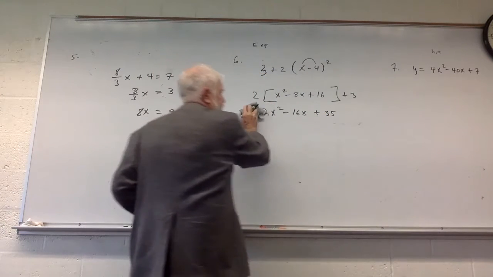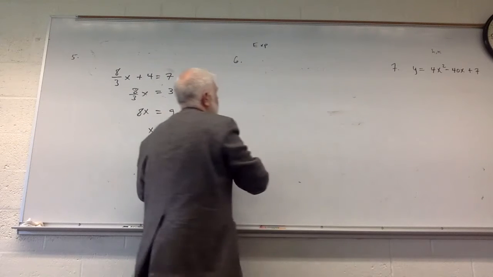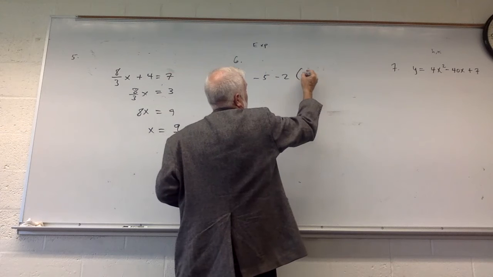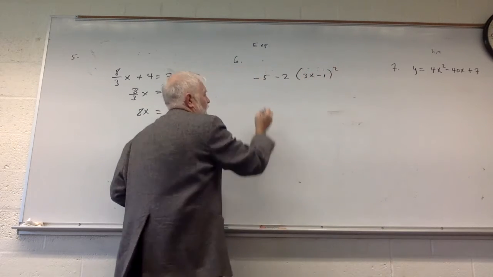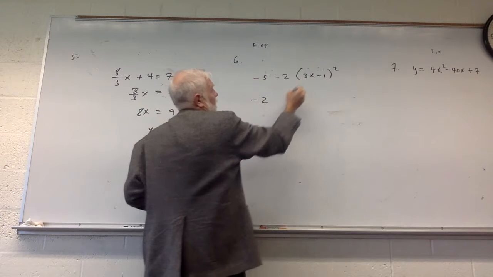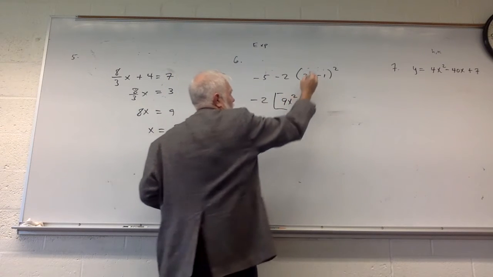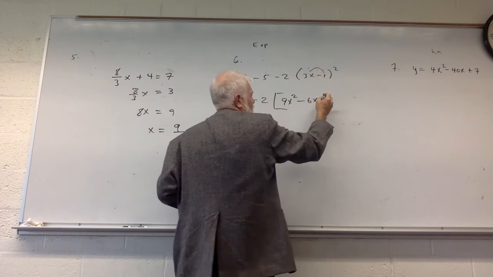One more. Minus 5 minus 2 times 3x minus 1 squared. Okay, so I got minus 2. I'm going to do the squaring with a bracket. 9x squared. I'm going to double that product. Minus 6x. I'm going to square negative 1.